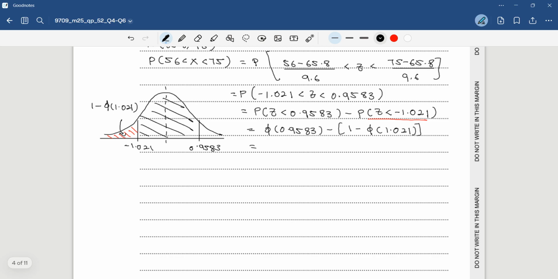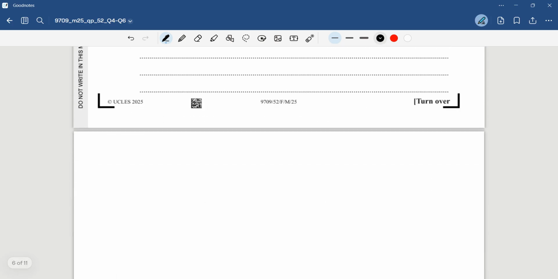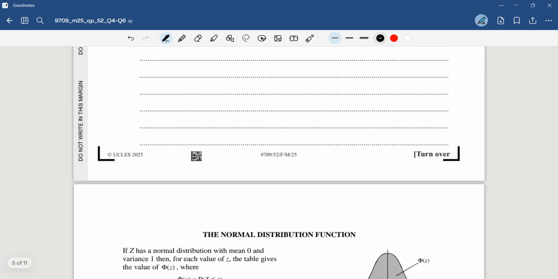Okay, so you can refer to the normal distribution table for 0.9583. So you can refer to the table, 0.958, so means 0.8298 plus 0.0020, so will be 0.8309.